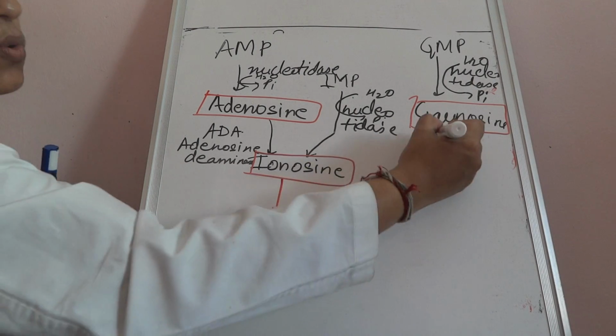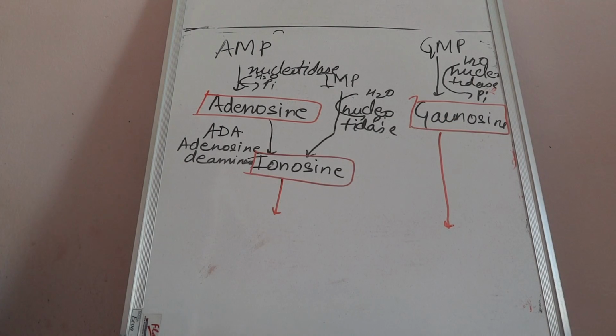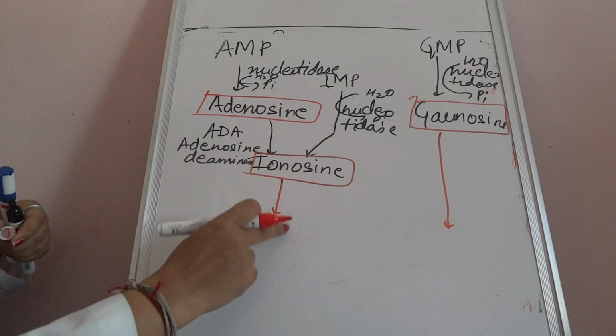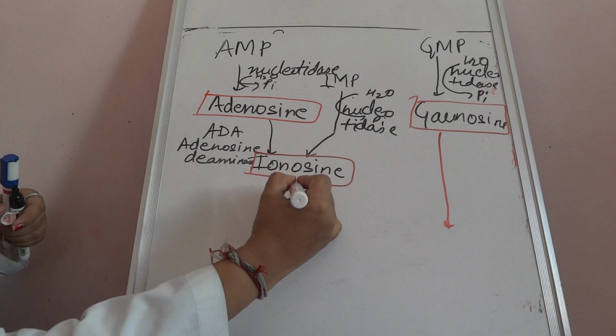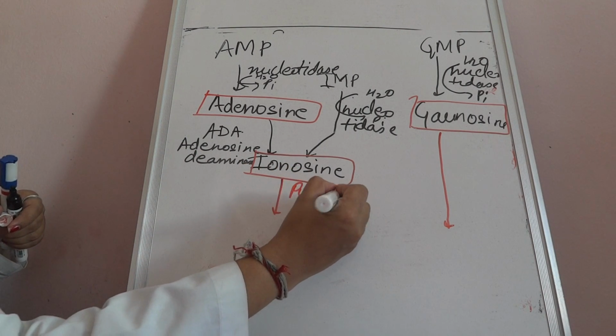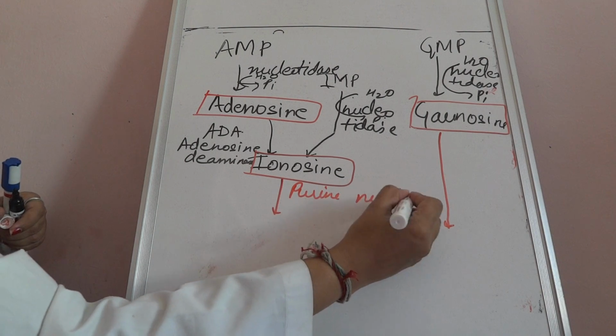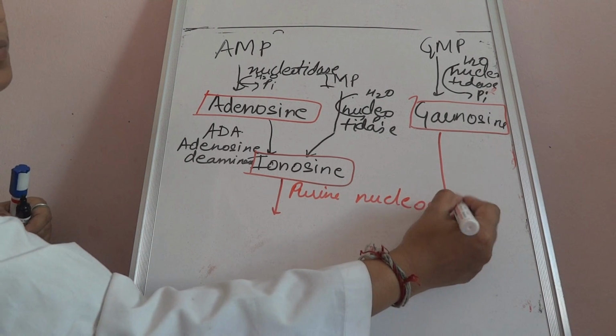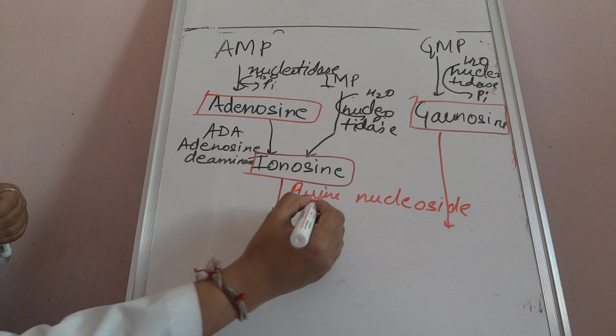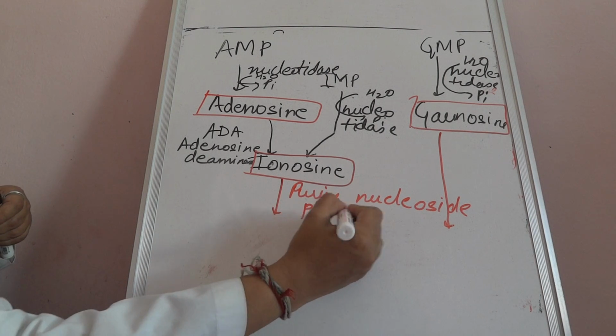Inosine and guanosine will both undergo a respective reaction in the presence of the same enzyme, that is purine nucleoside phosphorylase.